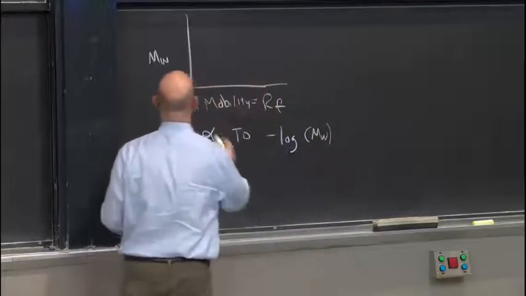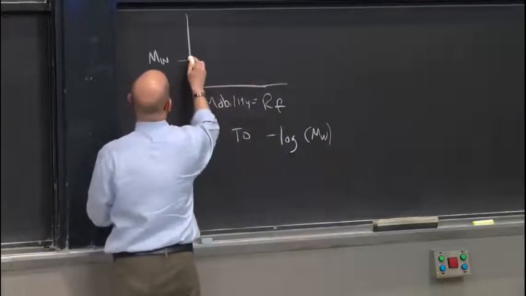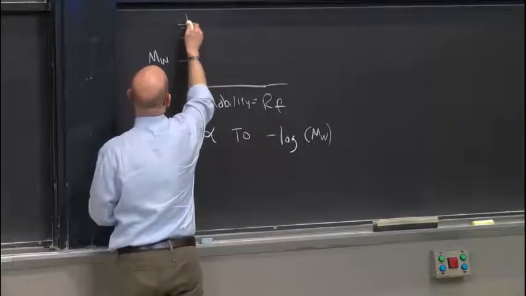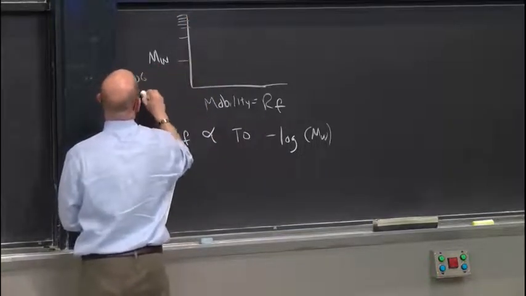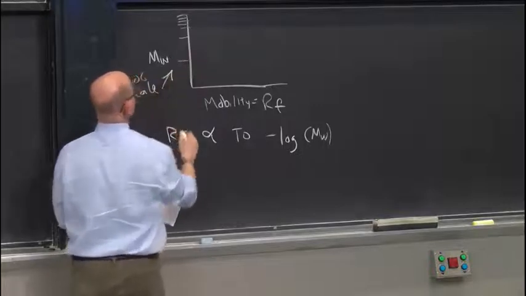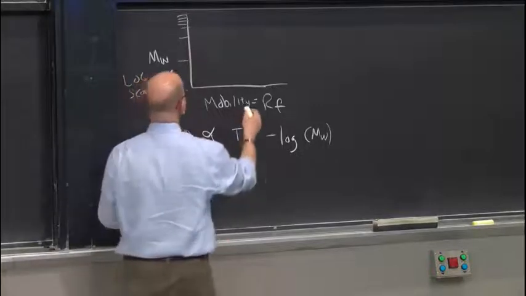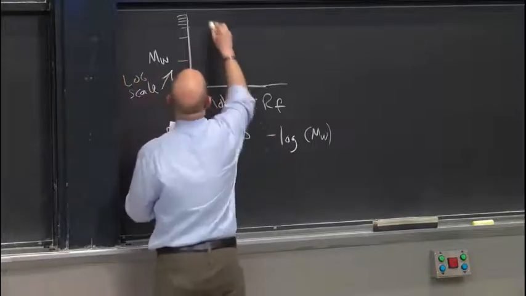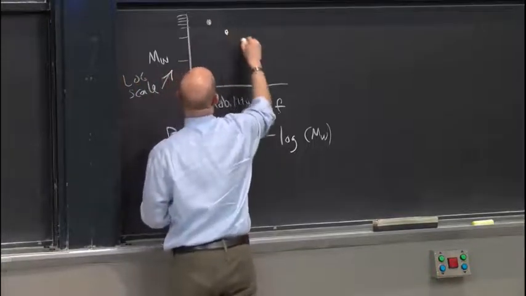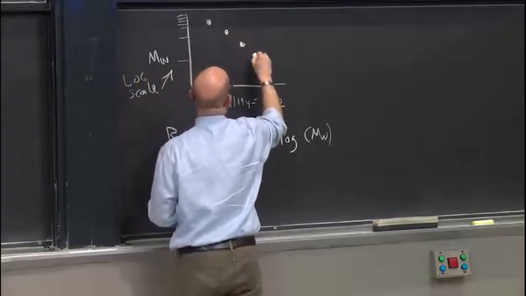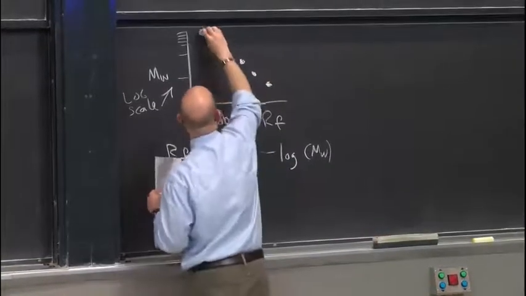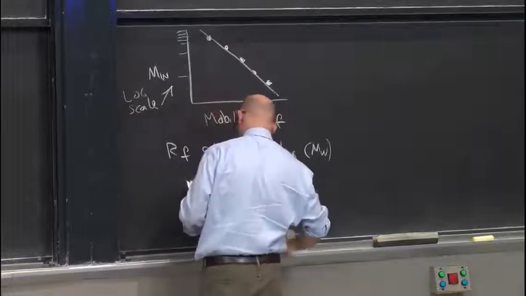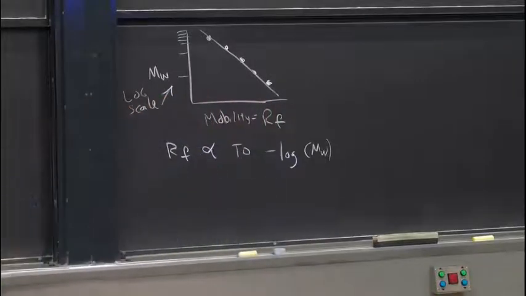So if I plot the molecular weight on a logarithmic scale, note, log scale, what I find is that for proteins of known molecular weight, I can get a straight line. And I can use this if I want to generate a standard curve.